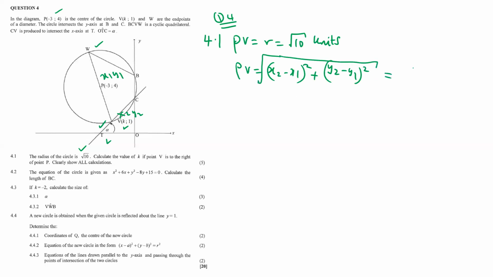So this distance is the square root of 10. Using the x1 and x2 that are there, x2 is k minus x1, which is minus 3. Y2 is 1, y1 is 4.